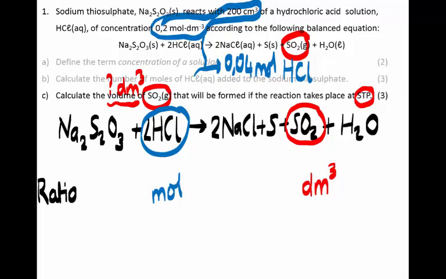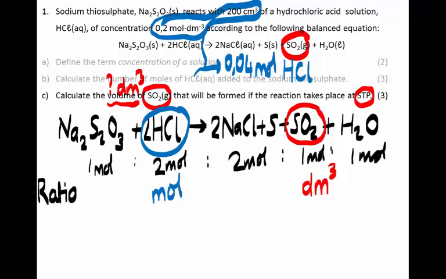And we know that the molar reaction ratio of this equation is 1 mole is to 2 mole is to 2 mole is to 1 mole is to 1 mole. We see that simply from looking at the big numbers, the coefficients in the balanced equation. So we just need to write that ratio that's in the balanced equation in the format that's going to be helpful in this question, which is how many moles HCl to how many decimeter cubed of SO2.